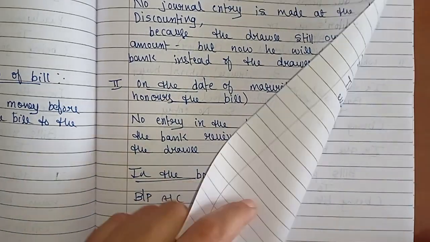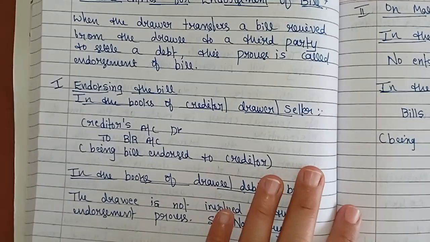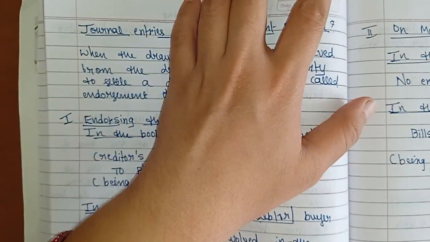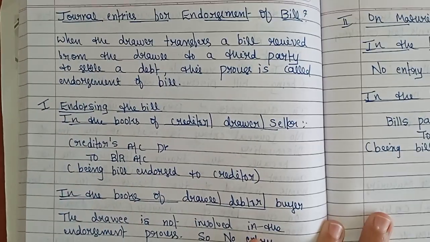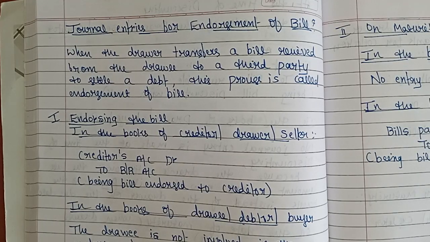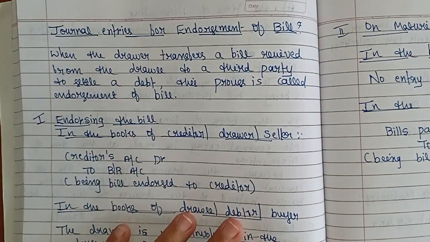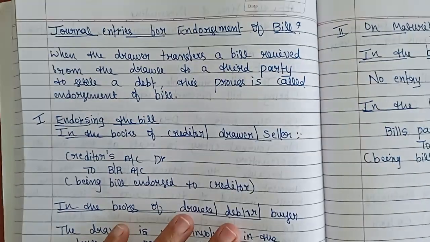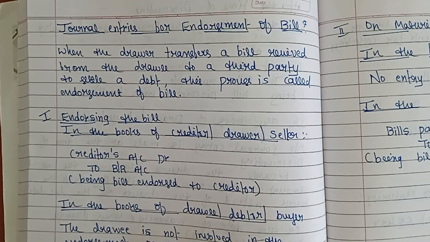Clear? Now next situation is, see, journal entries for endorsement of bill. Journal entries for endorsement of bill. See, endorsement, it means what? So this term also I have clearly explained in my last class. Clear?